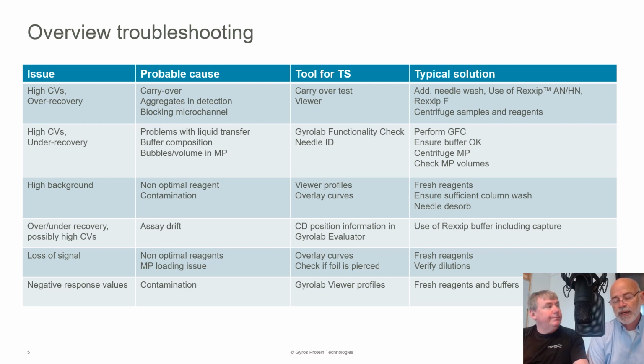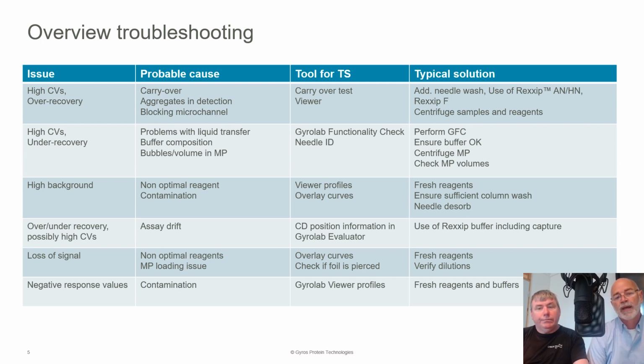If I can ascertain whether the high value is over recovery, higher than I expect, or whether I'm seeing a CV issue because the value is low or under recovering relative to what I expect. And so you'll see this in your standard curves and your QCs, where the low one just doesn't sit on the curve, or the high one may be much higher than the curve, and then looking at the viewer profiles will then help you to determine that.